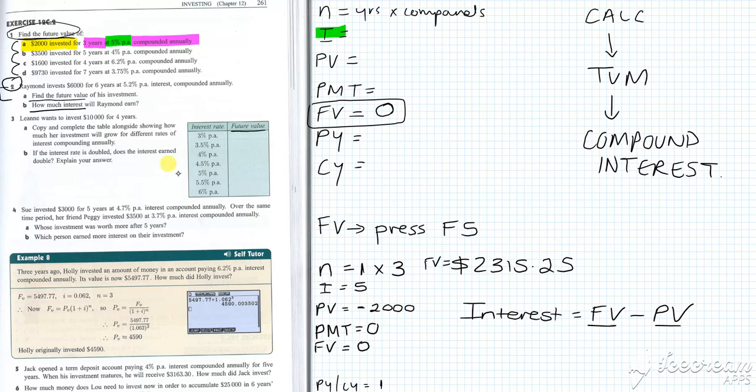And then we're going to give question 3 a go, where we copy the table out. And we're going to just repeat this with changing interest rates every time. You don't have to write out all the working out for that question, just fill in the table. For question 4, we're going to do the same thing, and we're going to work out what we earn in each of these sections. I'll provide you with some worked solutions.